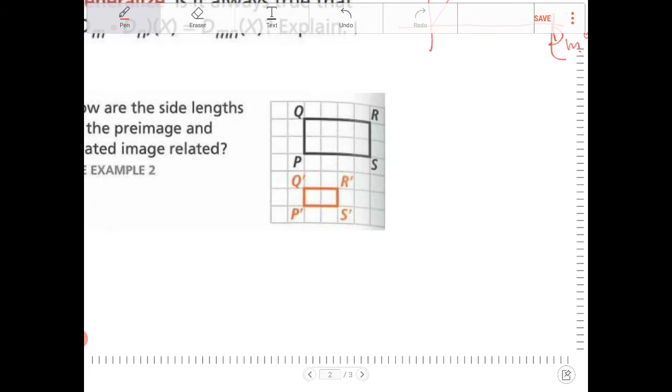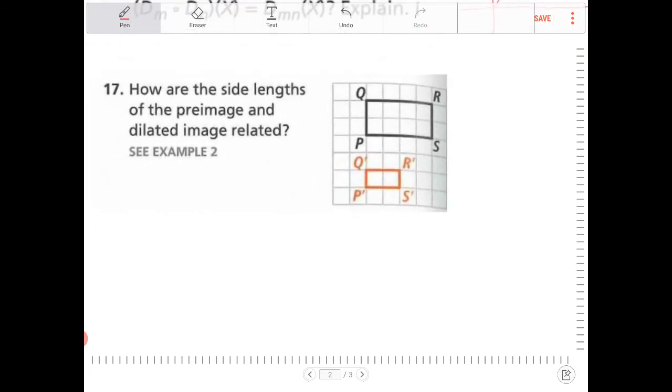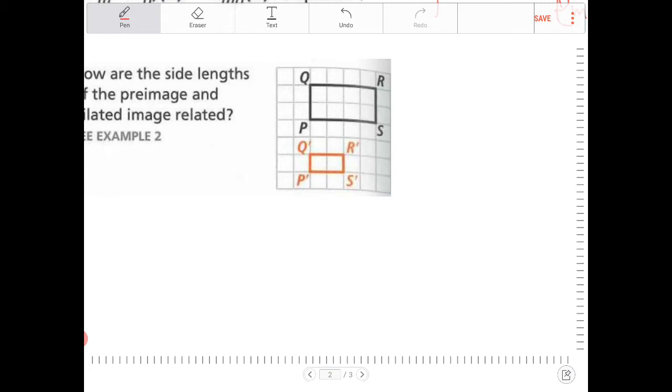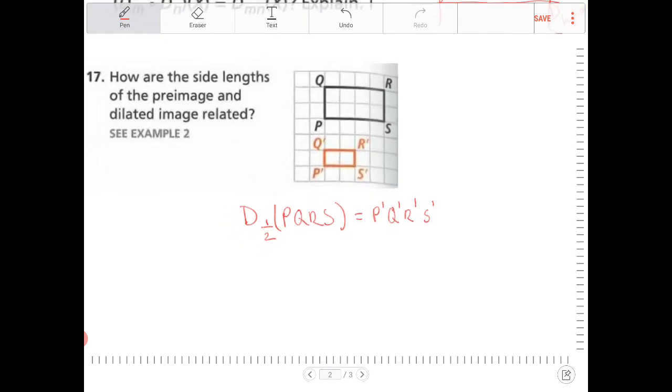So the pre-image and the dilated image. The pre-image is double that of the image, right? So the pre-image PQRS, if we dilate this by a factor of 1/2, we'll end up with PQRS prime. That's the relationship.